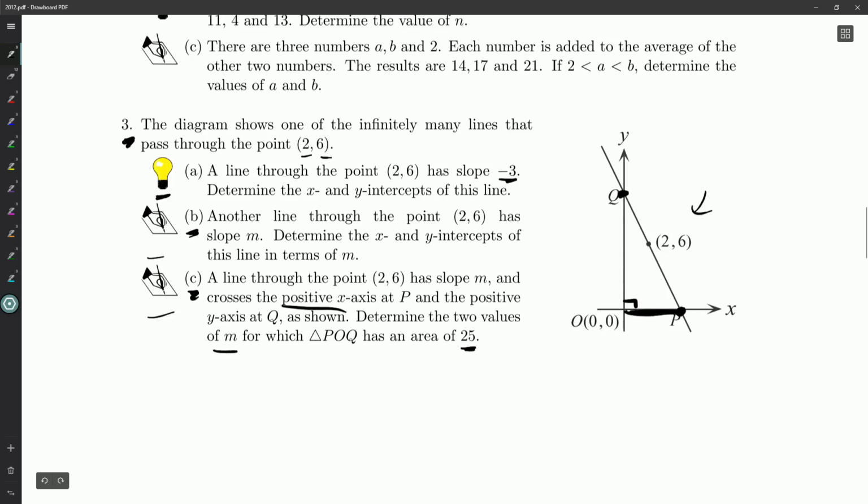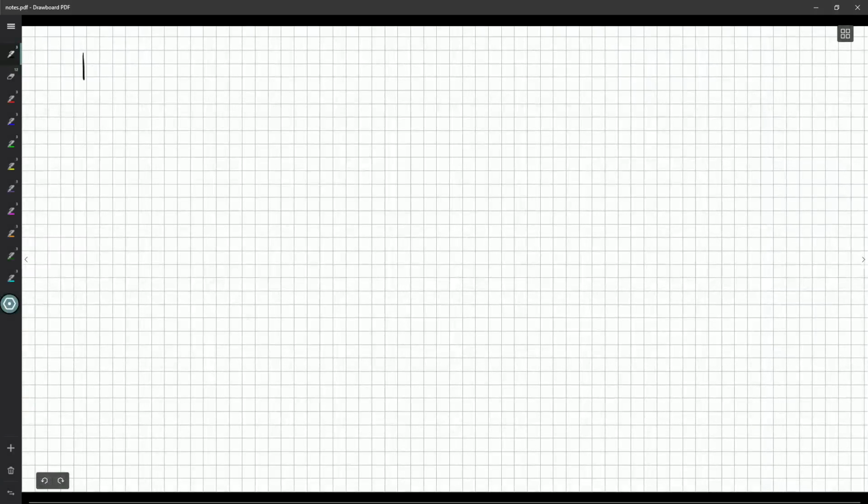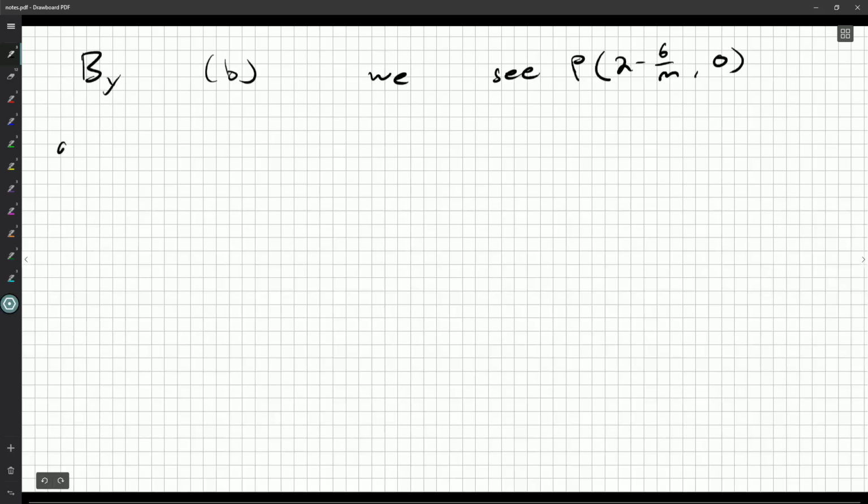So OP is the base and OQ is the height. So I might say something like, by part B, we see P is at (2 minus 6 over m, 0). And Q is at (0, 6 minus 2m).